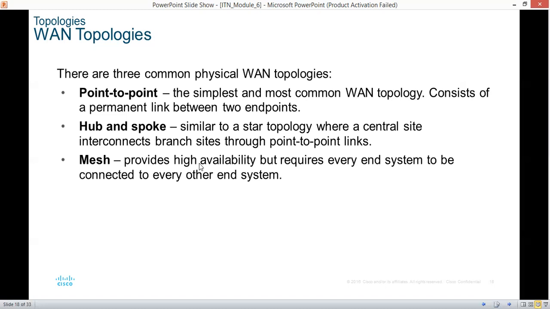So the mesh provides high availability but requires every end system to be connected. The mesh case is like when you have a branch in Abuja, and then from Abuja to Lagos, and Abuja is the hub in this case. And then a branch in Lagos, a branch in Kano, a branch in Port Harcourt.